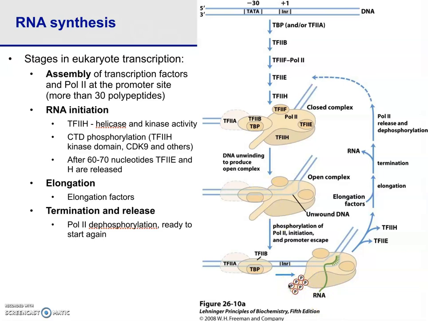The phosphorylation of the C-terminal domain initiates the transcription process. The RNA polymerase, with some of the factors, leaving some behind, such as TATA binding protein and B and A, begins the transcription of the RNA transcript. After approximately 60 to 70 nucleotides, transcription factors E and H fall off, and elongation factors join in.